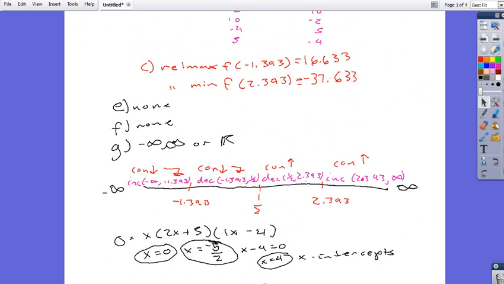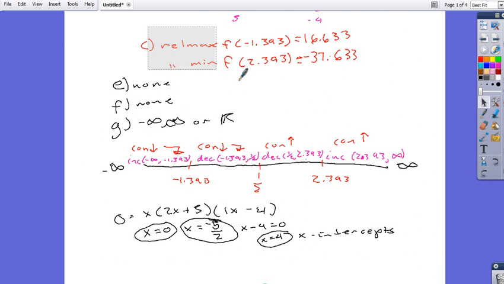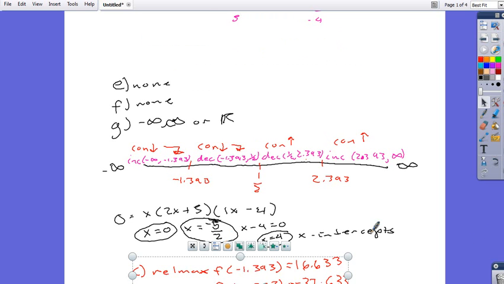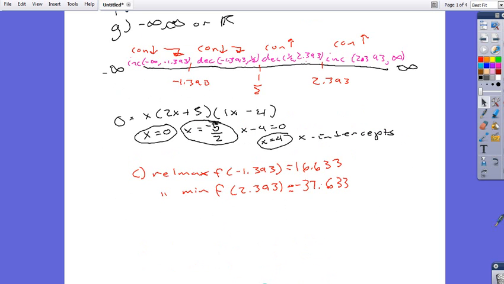Alright, so bringing all that information down, now we can make the graph, okay? Now I'm just going to take the graph on the other page and kind of copy it over.